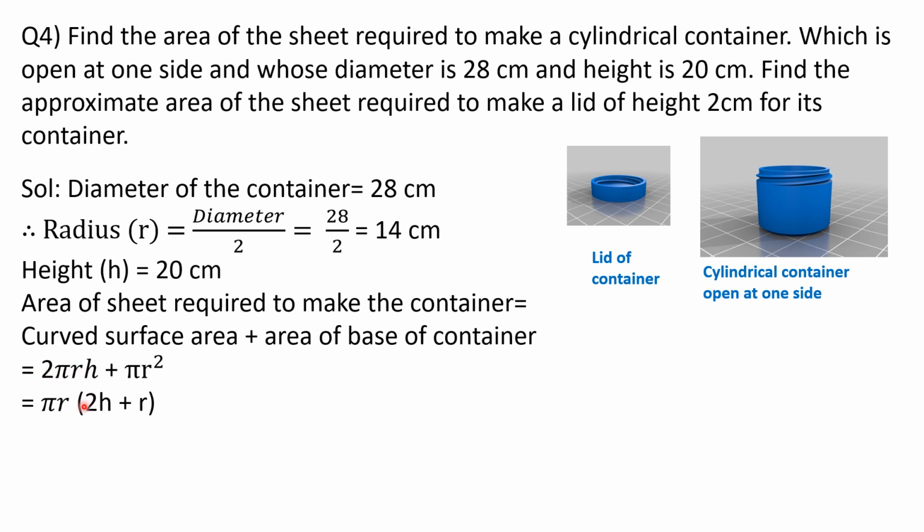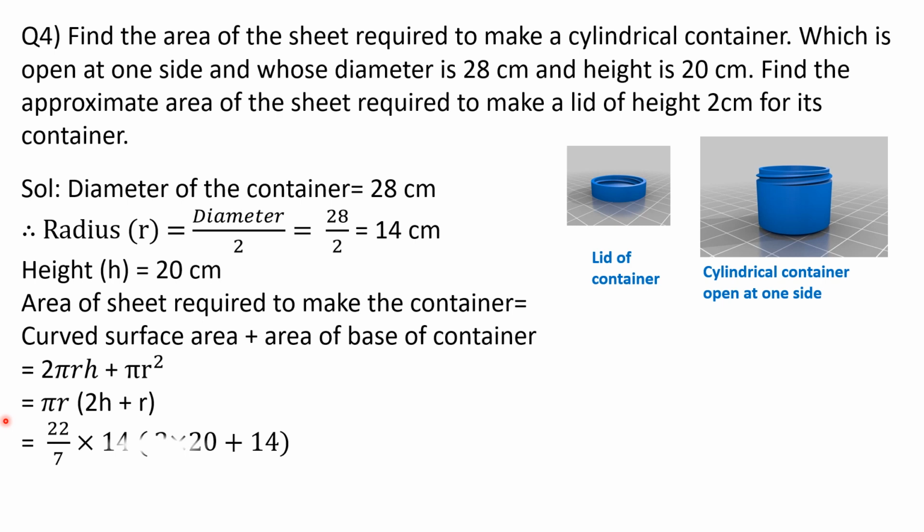What remains? 2h plus r. So you'll remove the common and write pi r in bracket 2h plus r. It will become easy to solve.